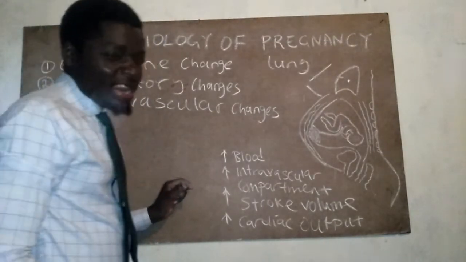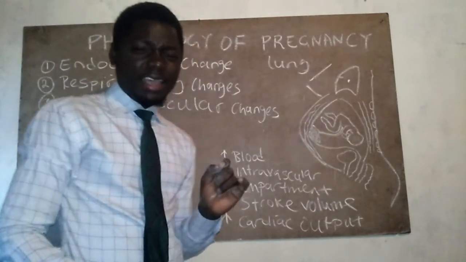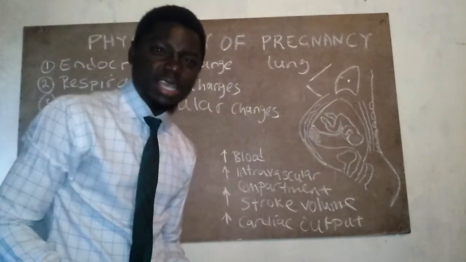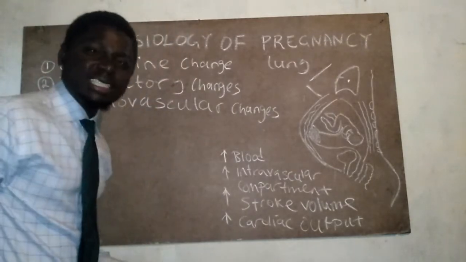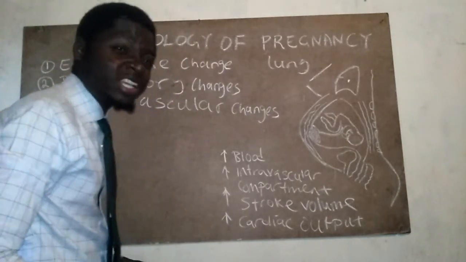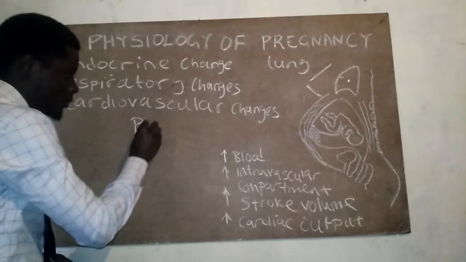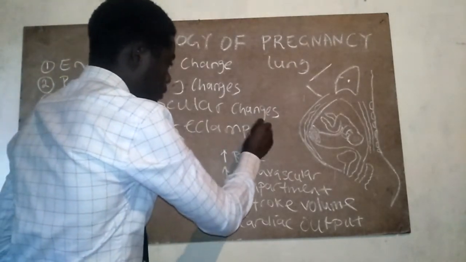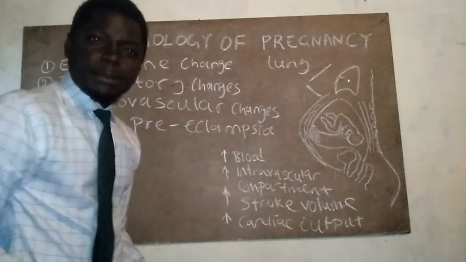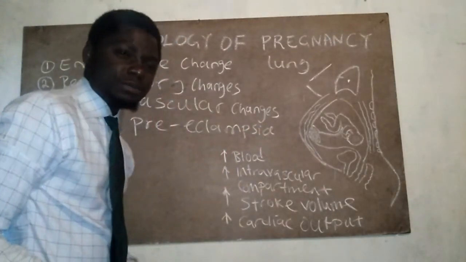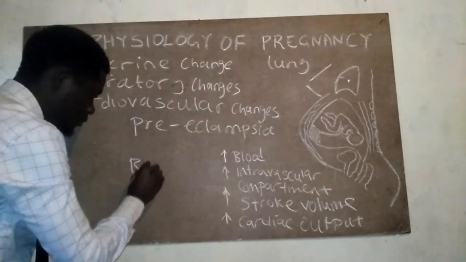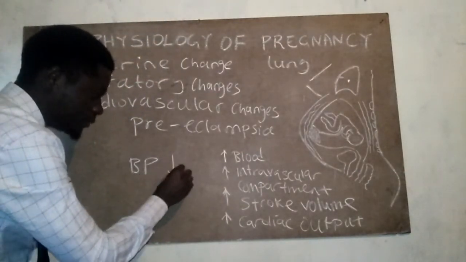And you might expect the blood pressure to increase in pregnant women because of the increased intravascular compartment, but that's not the case, unless we are considering the condition known as preeclampsia. In this case, the blood pressure, the BP, is going to go down.